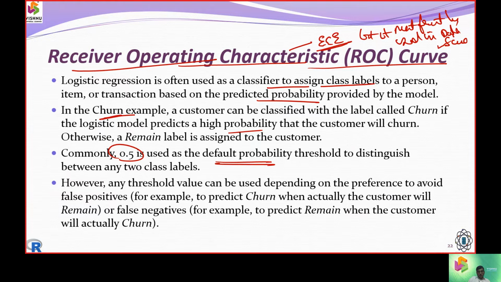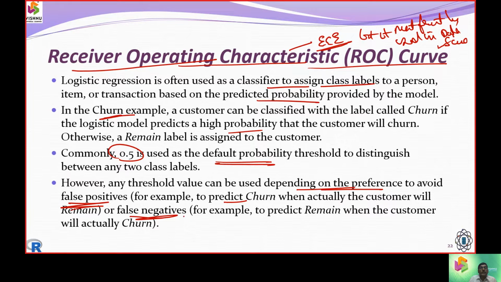Now, the churning or assigning labels to a class will be provided to the model with preferences, that is, with false positives or false negatives. When I call it a false positive, we predict the churn when actually the customer will remain.